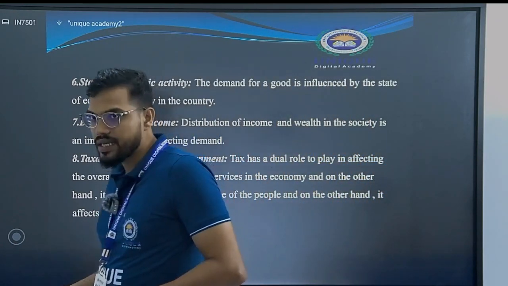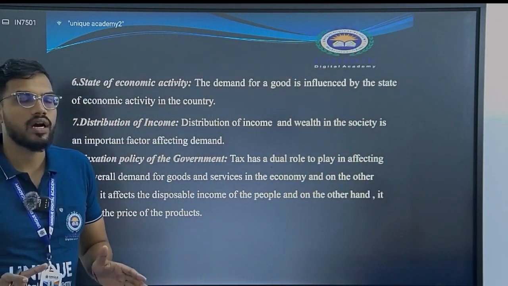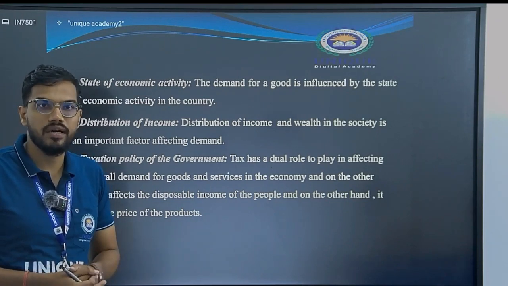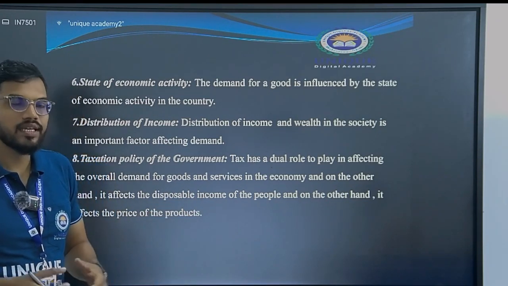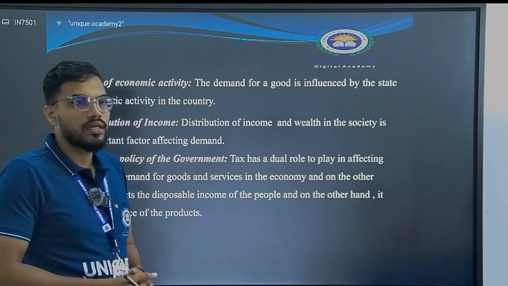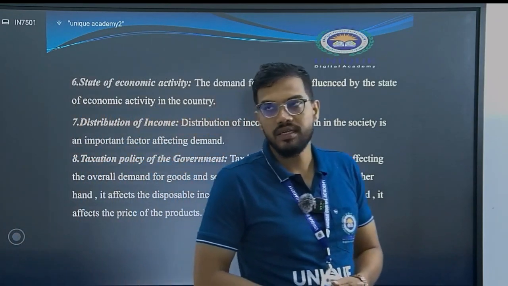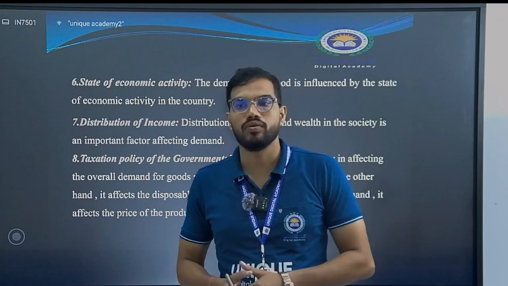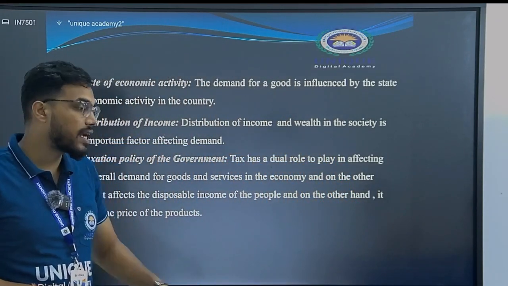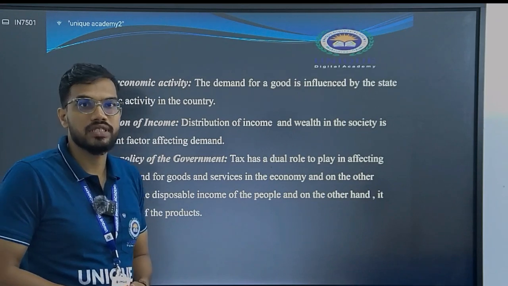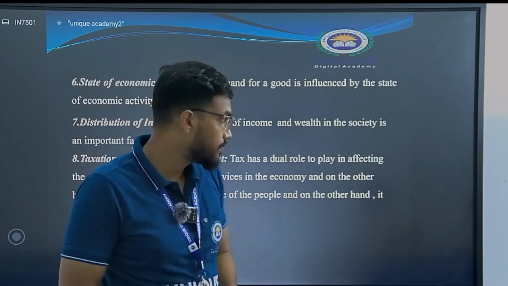And inflation shows that people have sufficient money income, so that demand for goods and services increases. Depression, recession, all the sectors are closed. So, people have less income, and at that time the demand for goods and services declines.